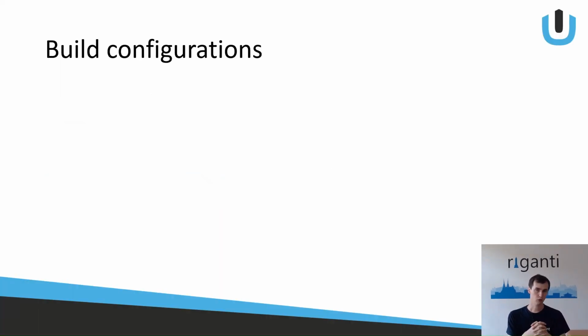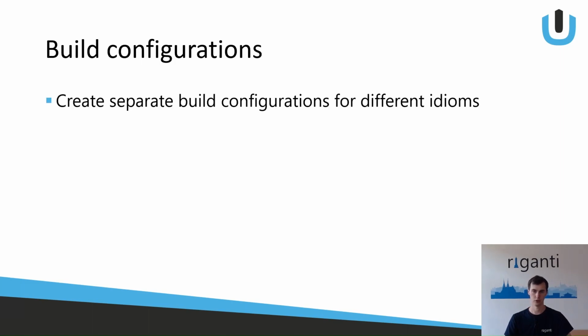The first thing that we can take a look at is using custom build configurations. So this is a bit more advanced, but if you want to define stuff differently for phones and for desktops or for tablets or for other types of your application deployment, you can create your own build configurations.